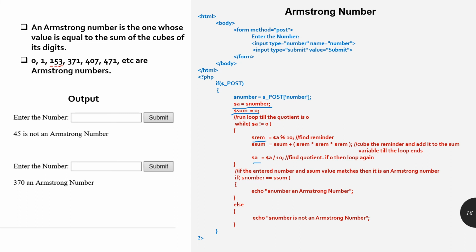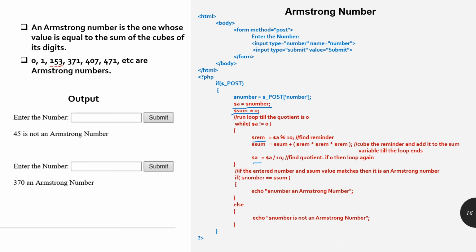Now what is available? 15 is available. It will check 15 not equal to 0. Yes, 15 is not equal to 0. Again 15 mod 10, 5 we will get. It will take 5 cubed, and the previous sum is there, that will be added to it. The total will be stored here.